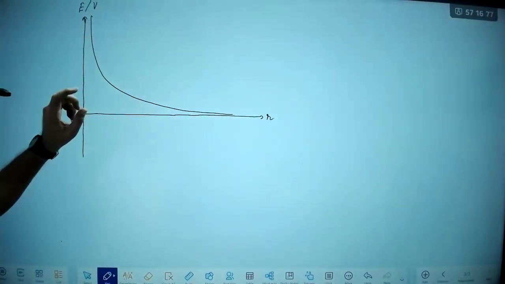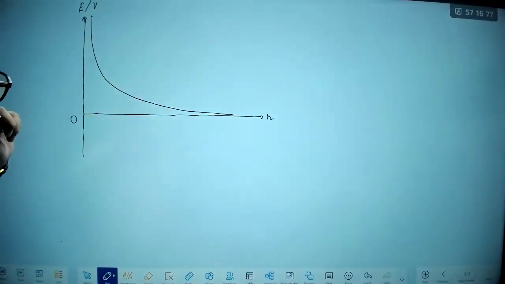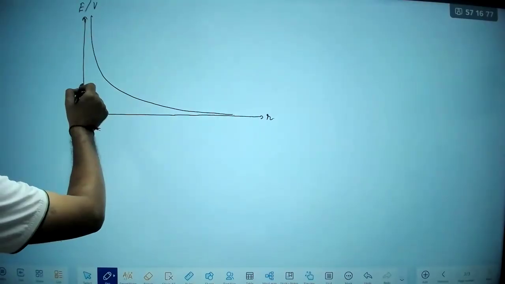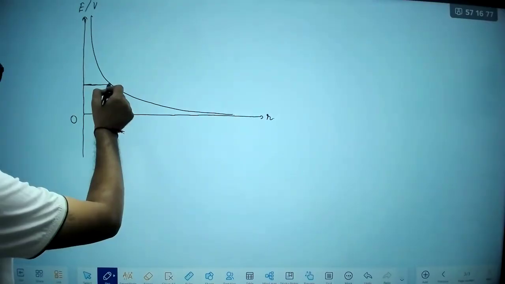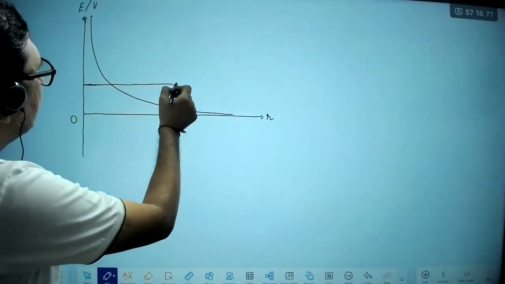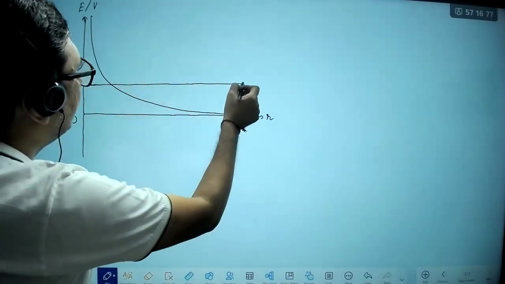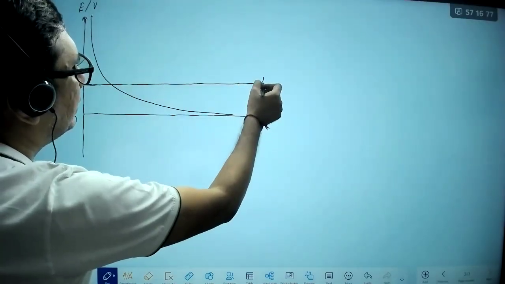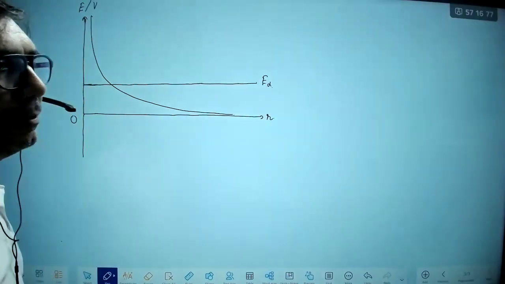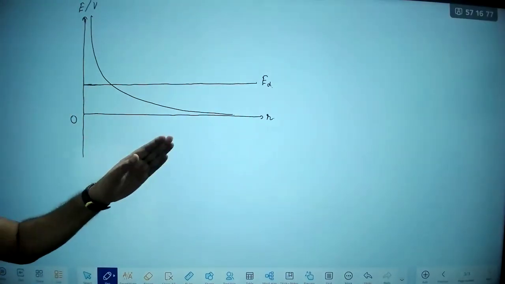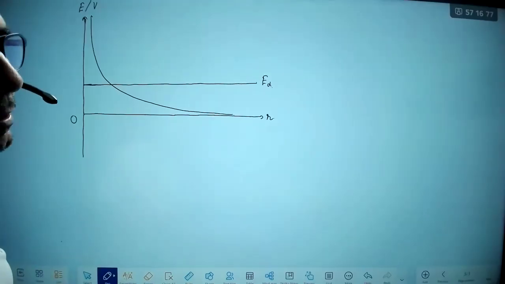You have provided energy equal to E to this particle, so that energy will be positive and it will be somewhere here. This is the energy of the alpha particle, E alpha. This is the total energy of the alpha particle.